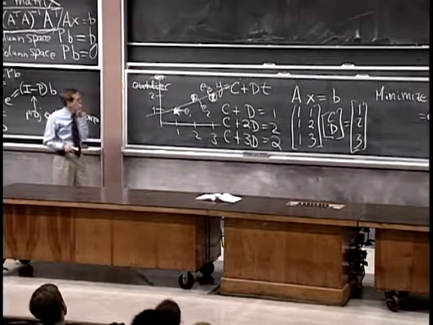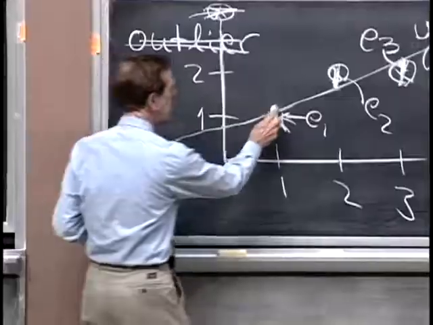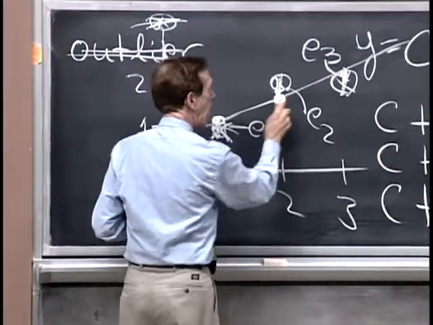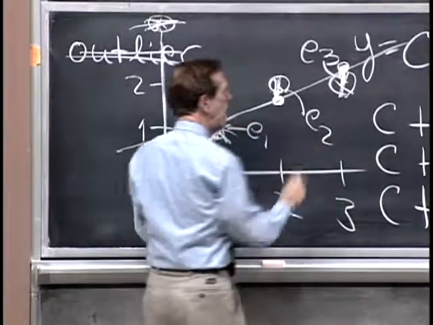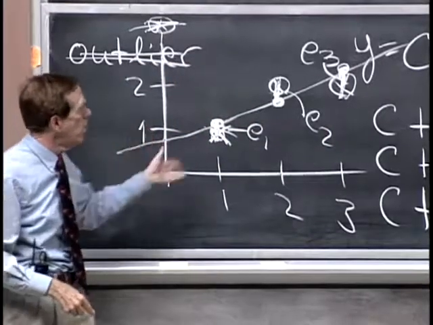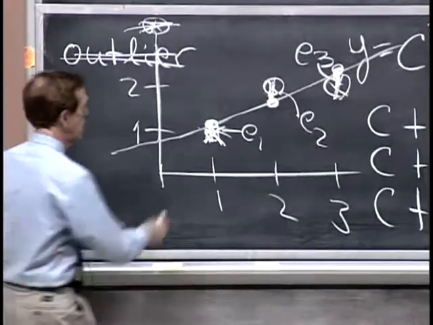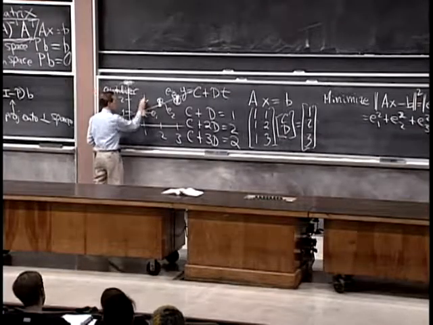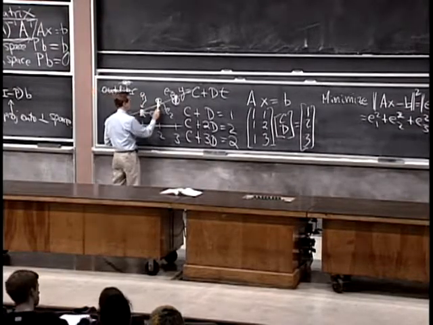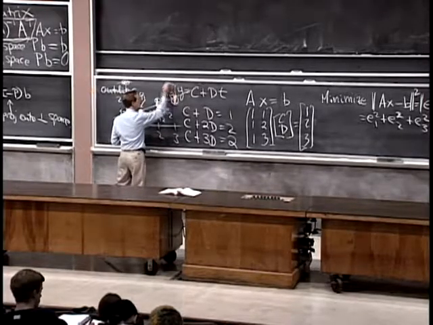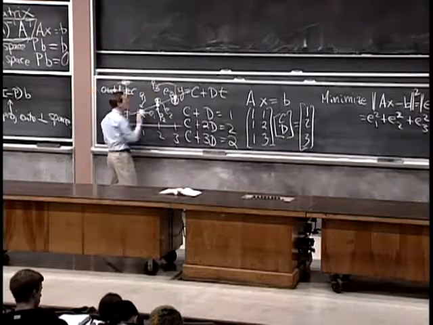Now, on this picture, what are these points on the line, the points that are really on the line? Let me call them P1, P2, and P3. Those are three numbers. So this height is P1, this height is P2, this height is P3, and what are those guys?